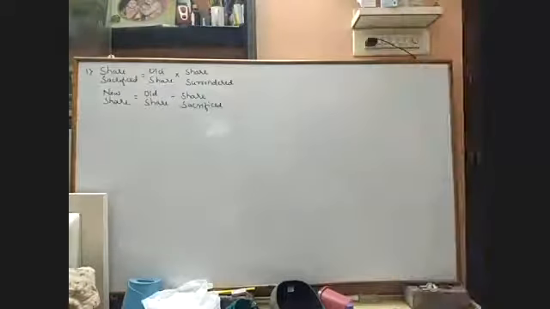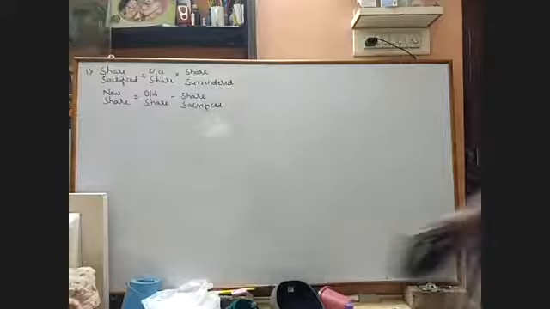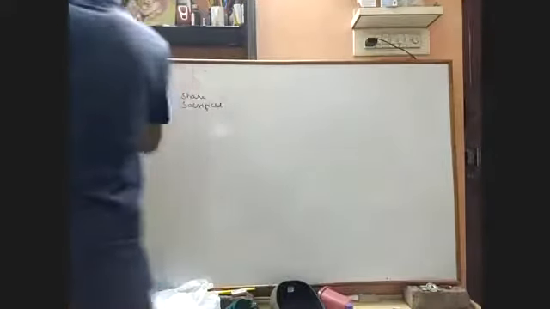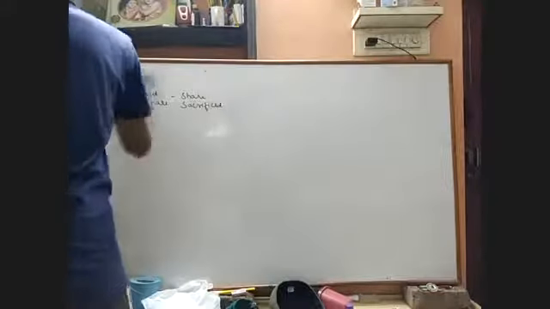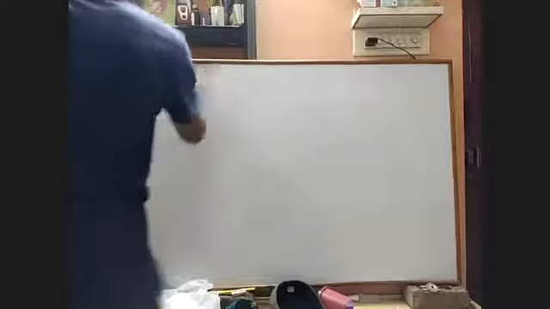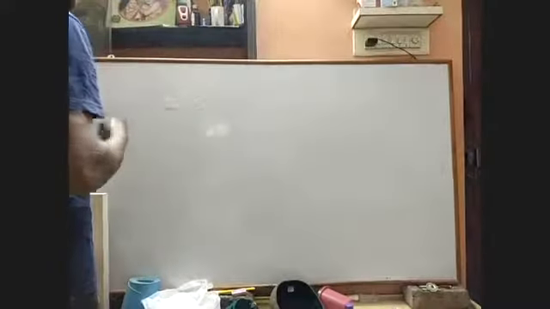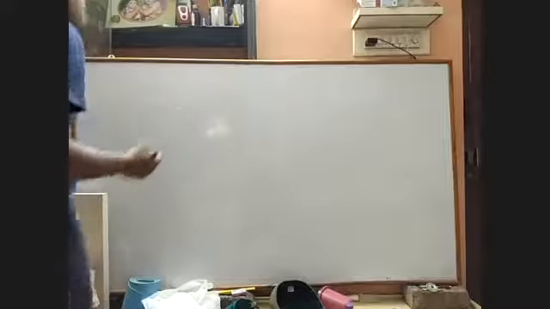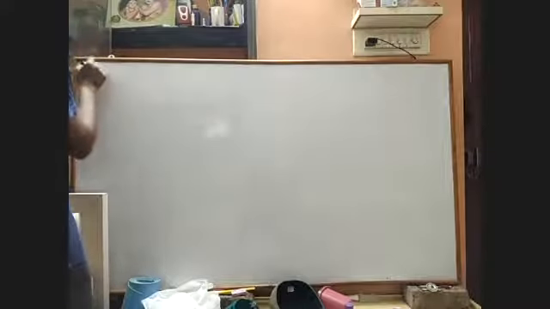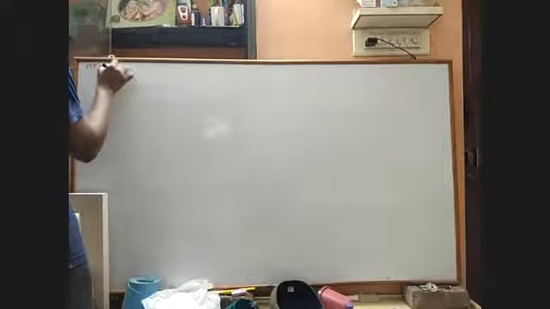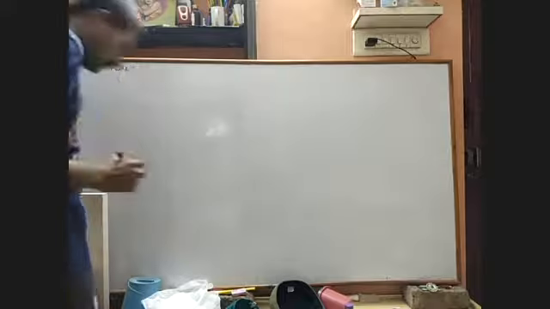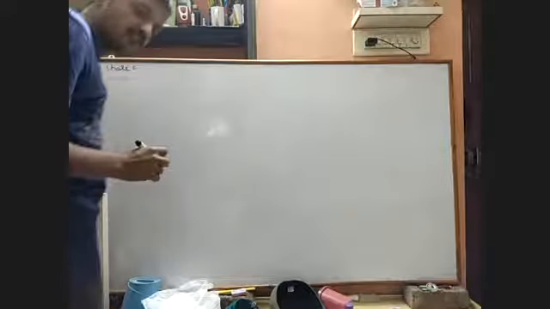First, let us write what all we know, so that we can solve the problem very easily. Now, what we know is old share, and the old share is how much? Anyone?